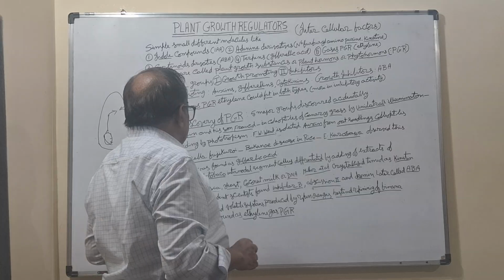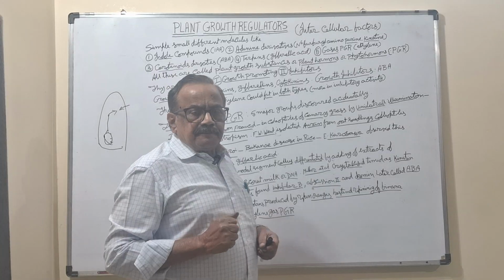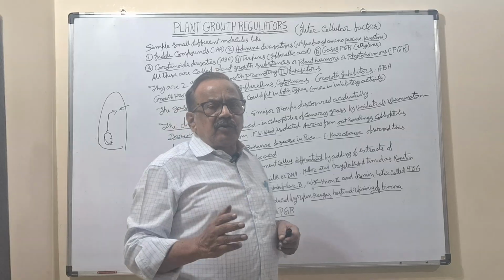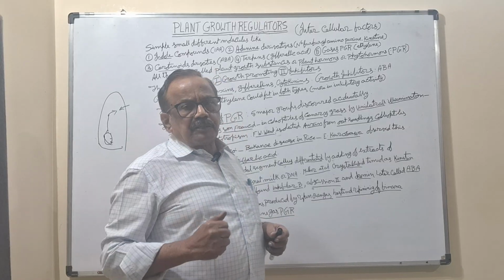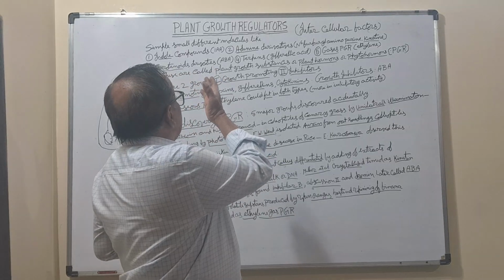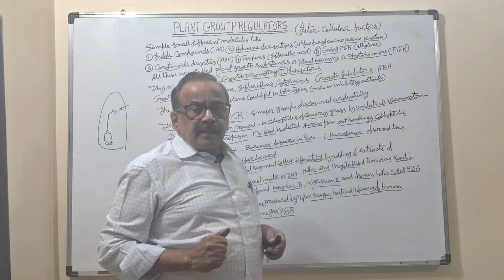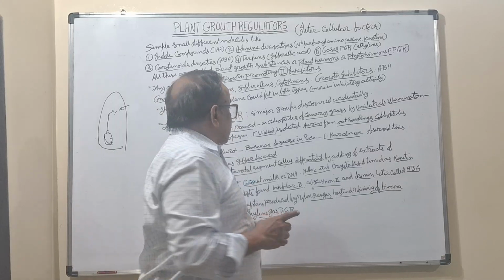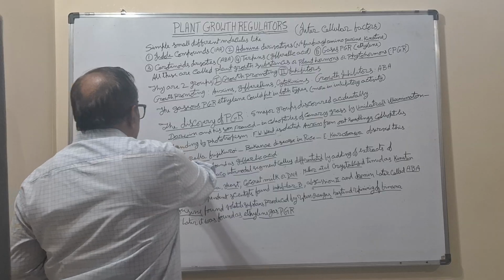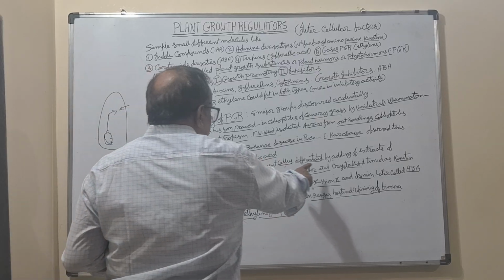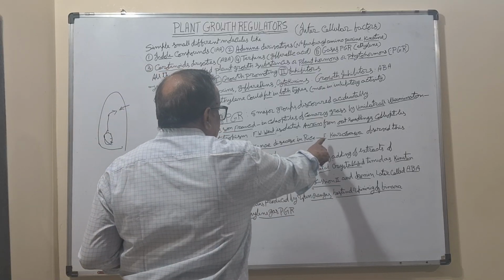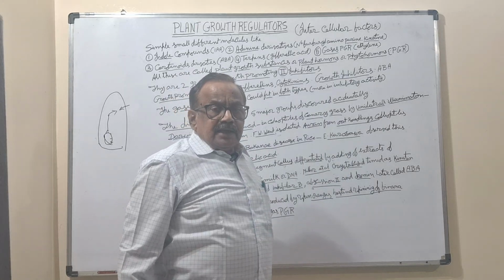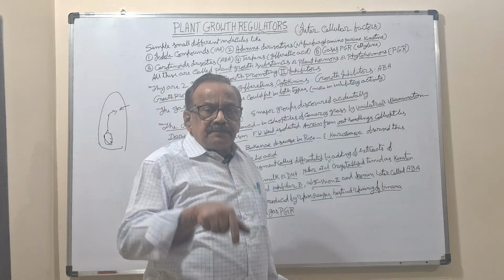And next will be gibberellic acid. Gibberellic acid is one more growth promoting plant growth regulator. It was observed by E. Kurosawa, a Japanese scientist. He was working on the rice plant.